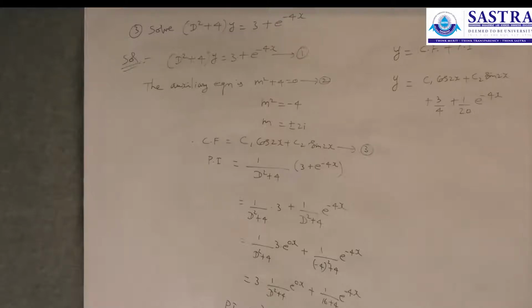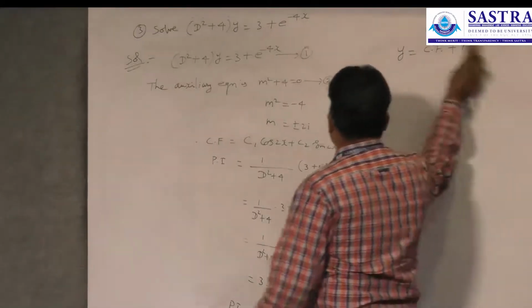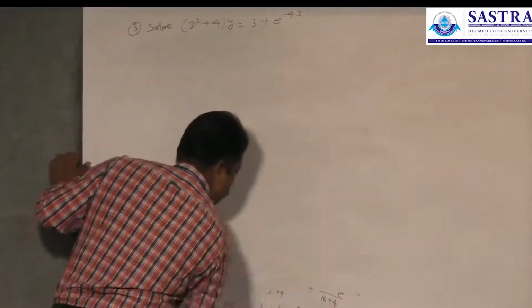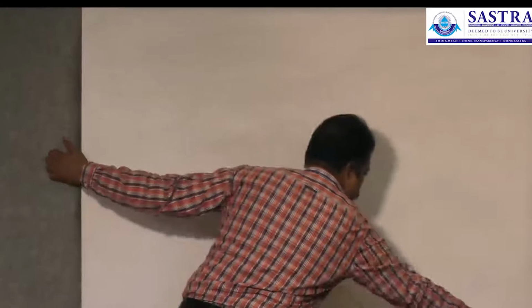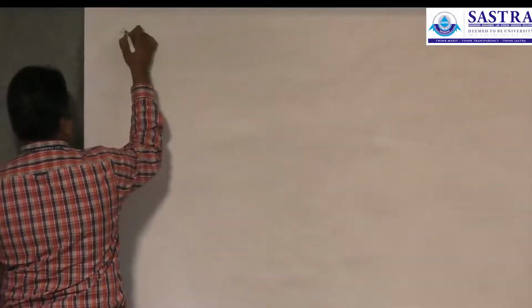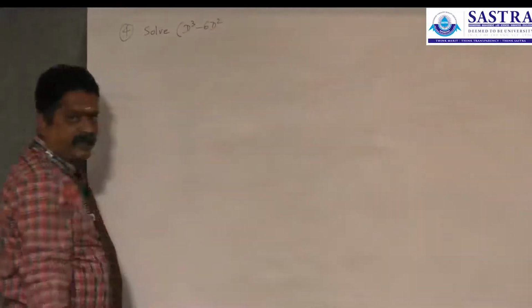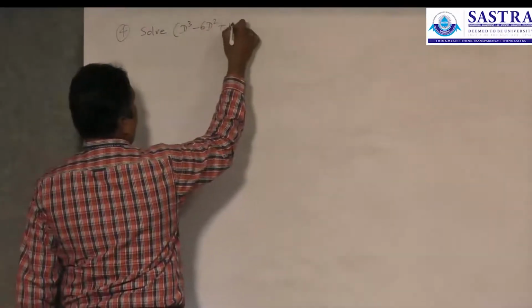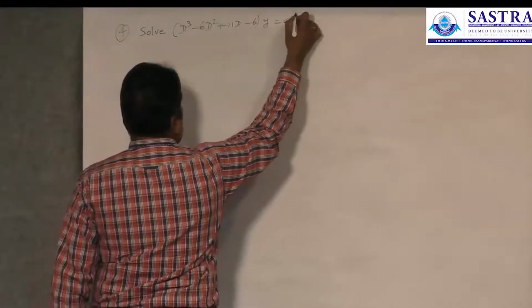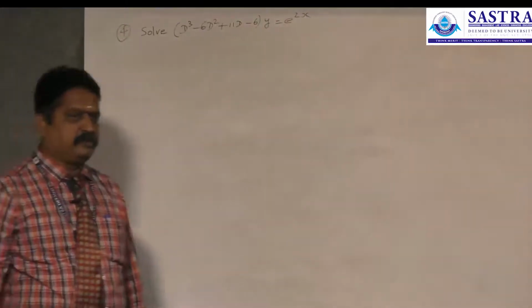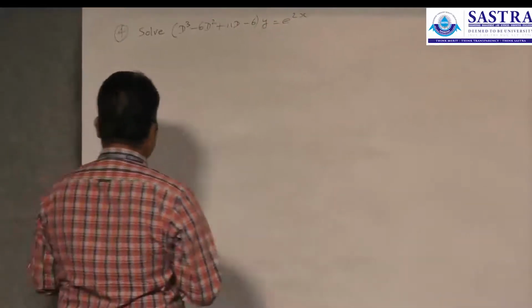Next problem, problem number 4. Solve D cube minus 6D square plus 11D minus 6, whole thing into y, is equal to e to the power 2x.